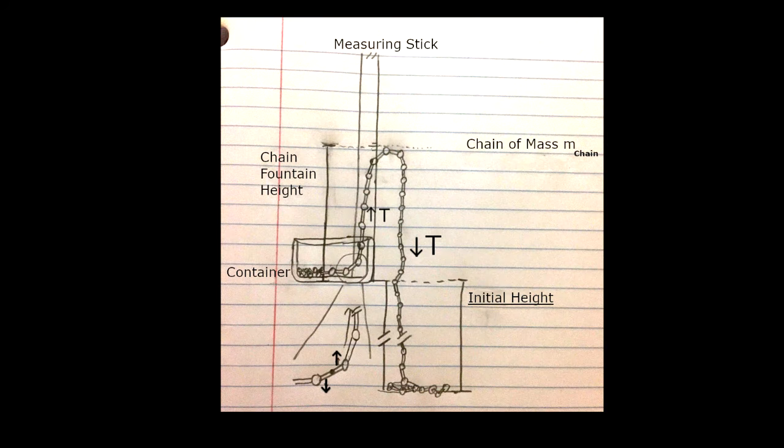So what's our hypothesis? Our hypothesis is that the tension in the chain causes the chain to rise, and this rise is happening more specifically because the tension is causing the chain to push itself against the bottom of the container, or kick the bottom of the container, if you will. By Newton's third law, every action has an equal and opposite reaction.